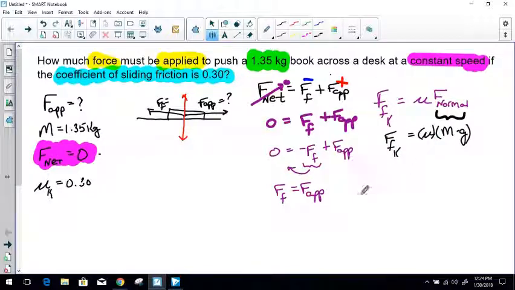So now it becomes a plug and chug. So my force of kinetic friction equals 0.30 multiplied by 1.35 kilograms multiplied by, and in this case, our acceleration due to gravity is 10.